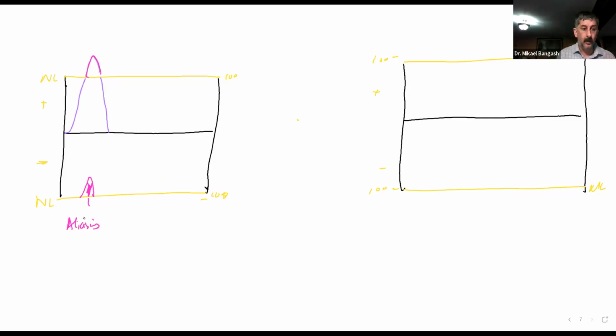Or on the other hand, if we had a negative Doppler shift which was too high, then this becomes your aliasing.